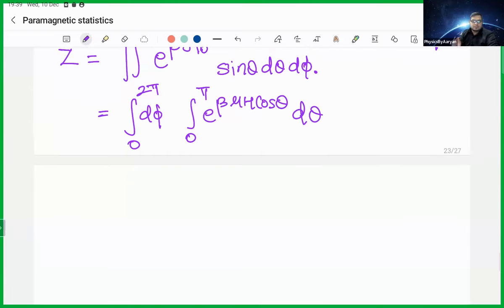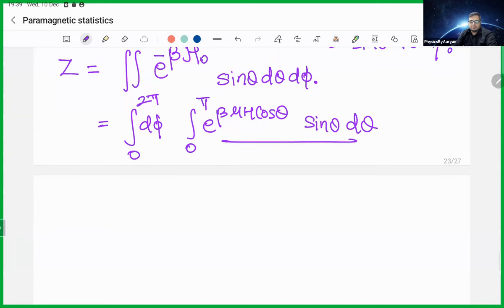Okay? So this gives you 2 pi. And can you solve this out? What do you say? How will we do it, can anyone tell me? Sorry, sin theta is also there, sin theta into d theta. Can you tell me how you solve this integral? There is a very simple step.